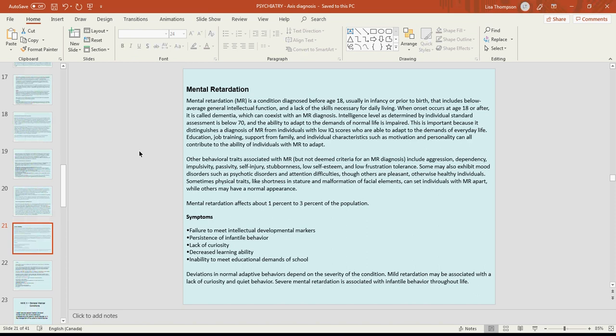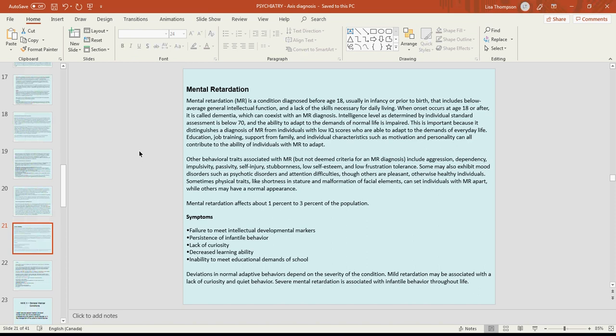Some may also exhibit mood disorders such as psychotic disorders and attention difficulties, though others are pleasant, otherwise healthy individuals. Sometimes physical traits like shortness in stature, malformation, or facial elements can set individuals with MR apart, while others may have a normal appearance. Mental retardation affects about 1% to 3% of the population.